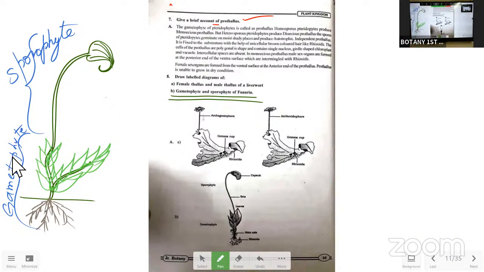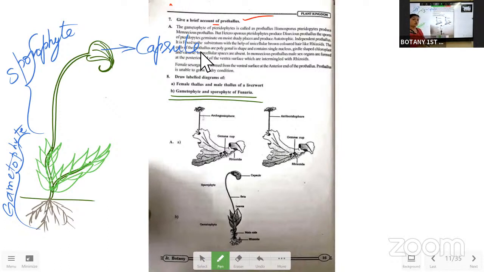If you are getting confused in writing gametophyte and sporophyte, look at this part: this is the capsule of funaria.